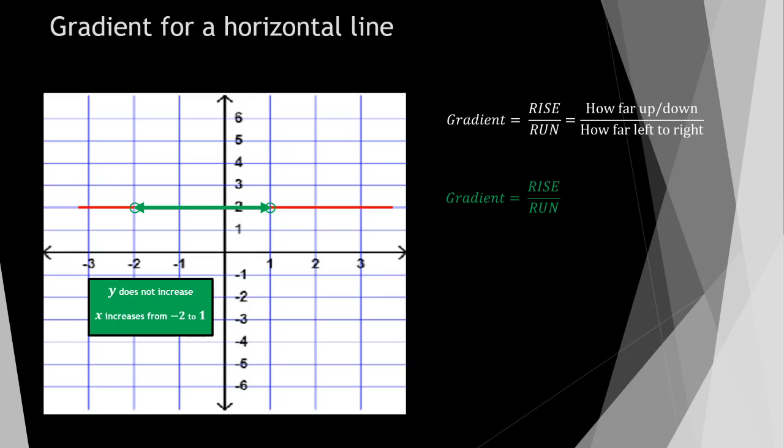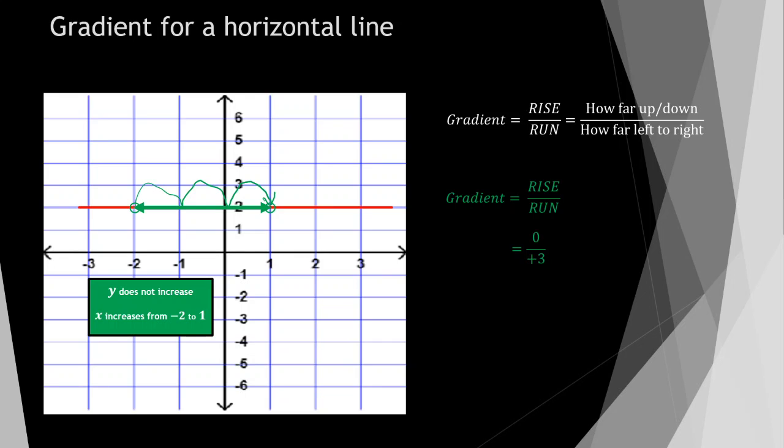And if you can't see that, then just look at your screen right here, where I've moved 1 unit here, 2 units here, and 3 units there. So that means that our rise is 0 and our run is 3.